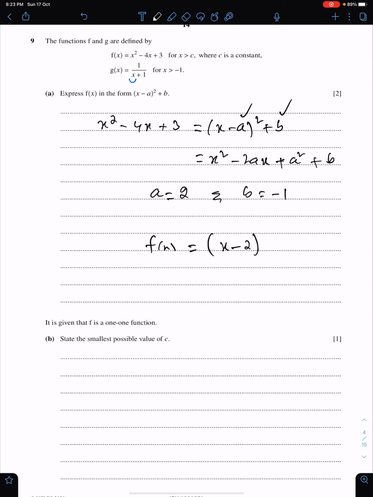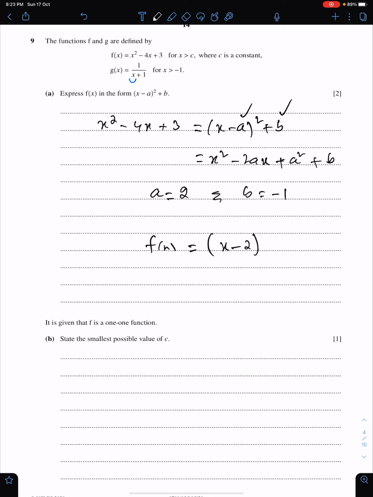So when you compare this x greater than 2 with this given domain, you will get the value of c. So by comparing these two, we can say c is 2. You can directly write the value of this unknown constant.